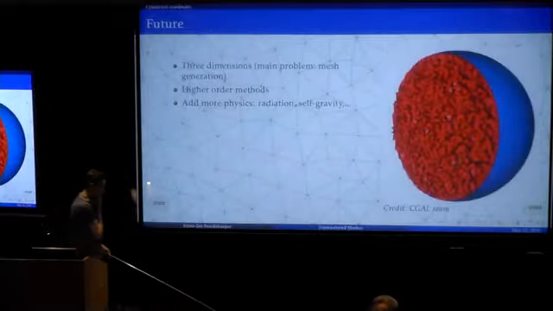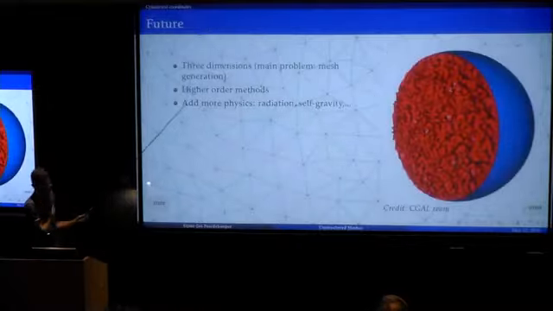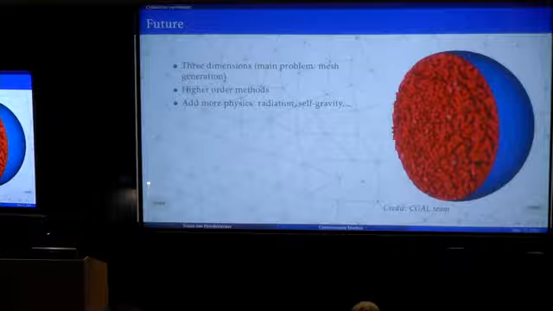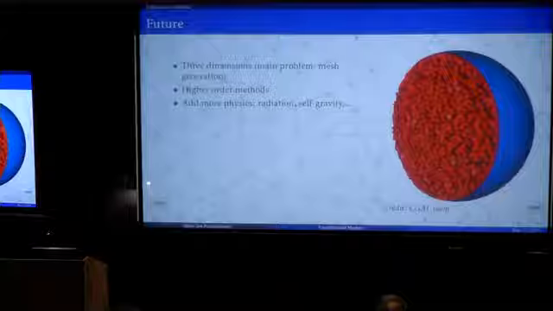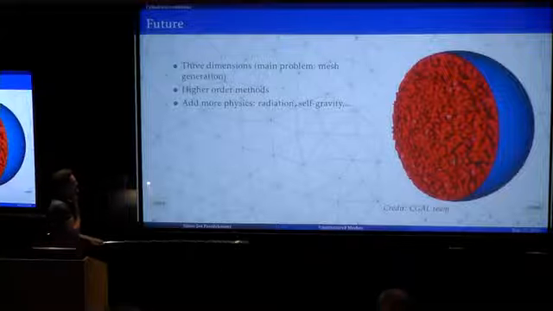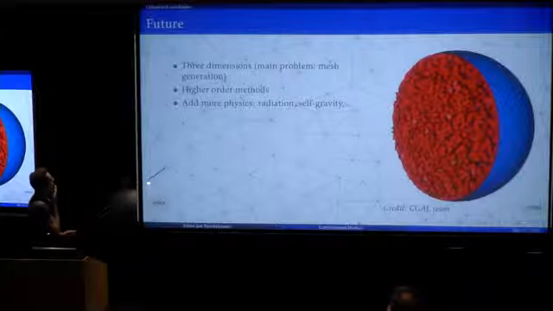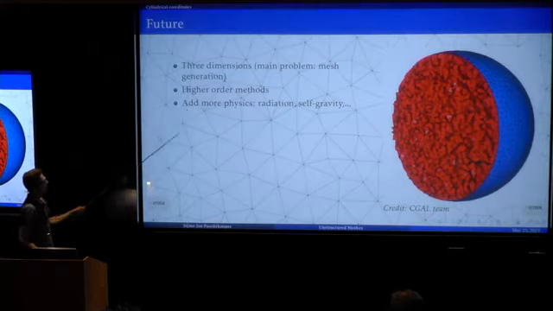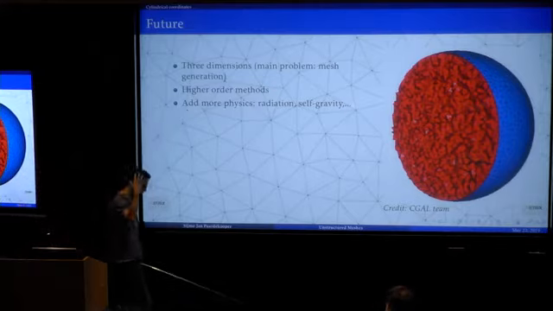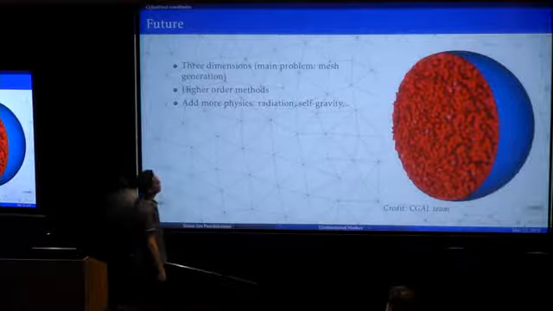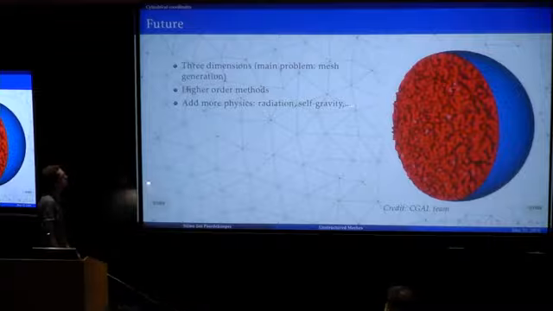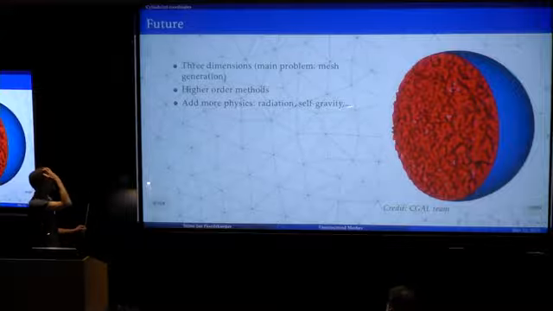So the future, what keeps me awake at night: 3 dimensions. In 2 dimensions it's hard enough to think unstructured, at least for me, and in 3 dimensions it becomes a real pain. So that's definitely something that keeps me awake at night. I'd be interested in doing higher order methods, but of course, this has been a very computational talk about the computational challenges, but there are challenges in physics as well.